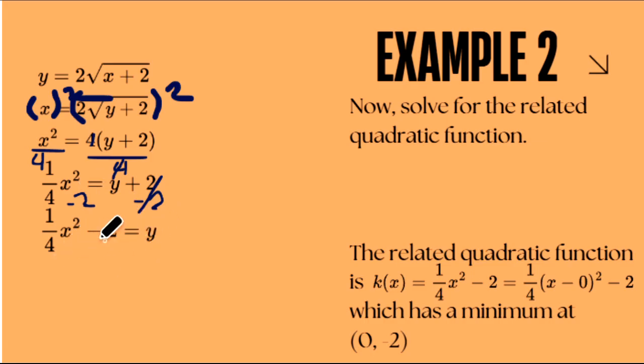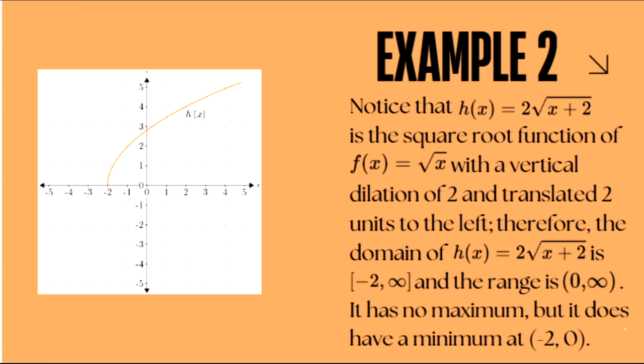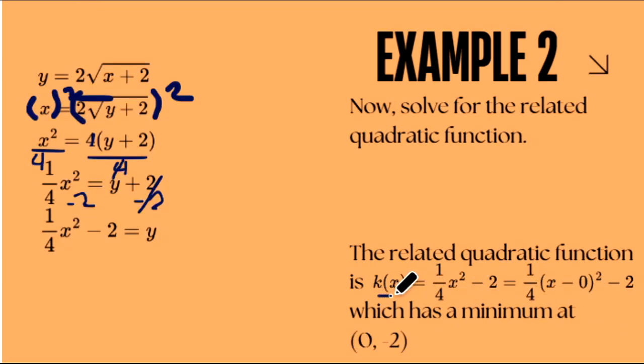And so the related quadratic function is, we started out with h of x, and they changed it to k of x to show that it's a different variation of it. I don't know how they pick this letter because it's completely random. But this is the formula that's right here. Okay, so what they do now is they need to factor out this x squared.